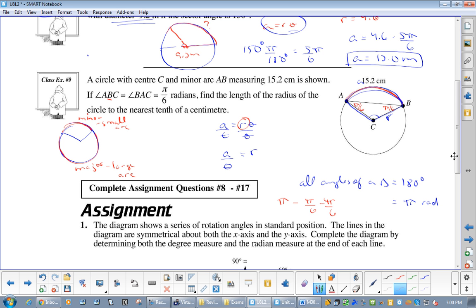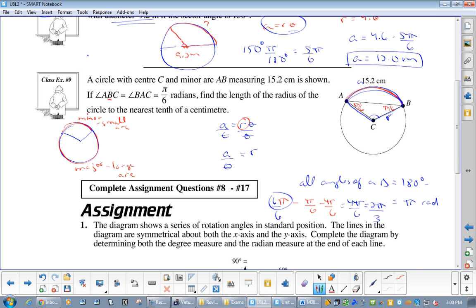So we're going to change this to 6 pi over 6. So 6 pi over 6 minus pi over 6 minus pi over 6 equals 4 pi over 6, which equals 2 pi over 3. Because pi is the angles of all of a triangle, and I needed a common denominator. So pi is the same thing as 6 pi over 6, right?